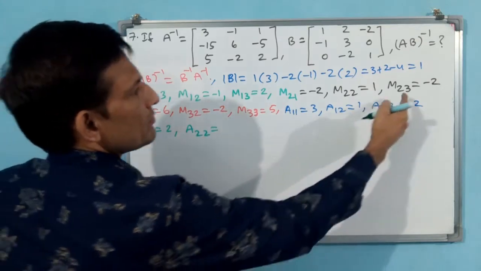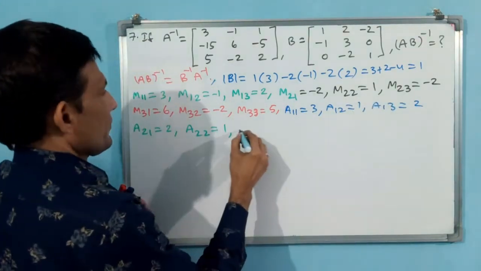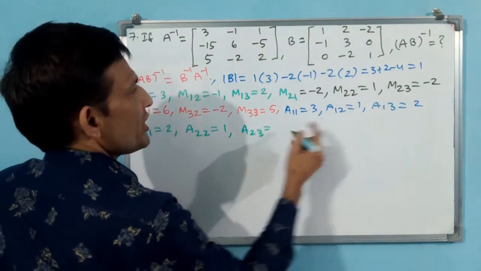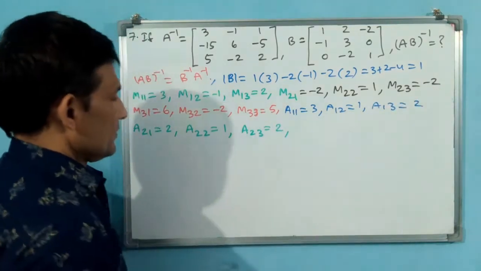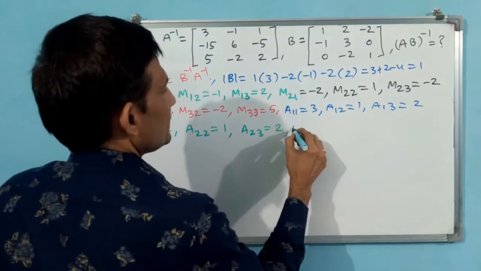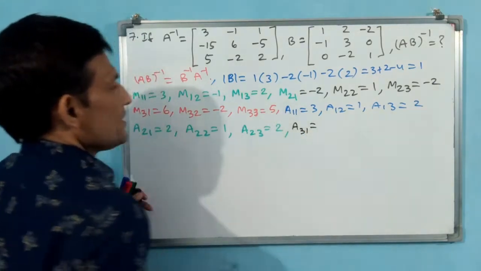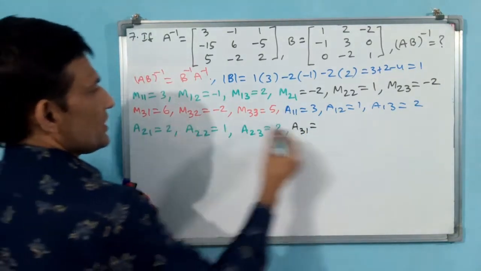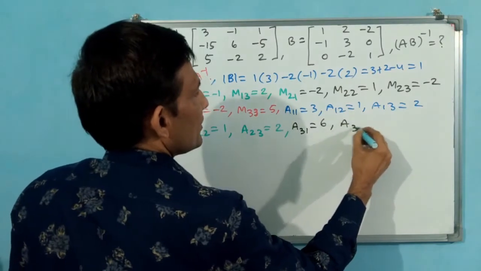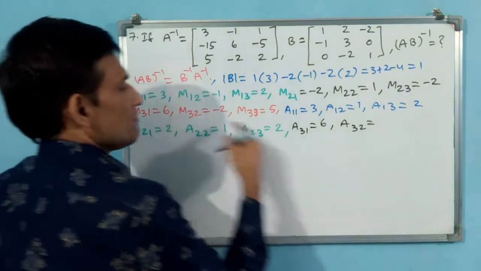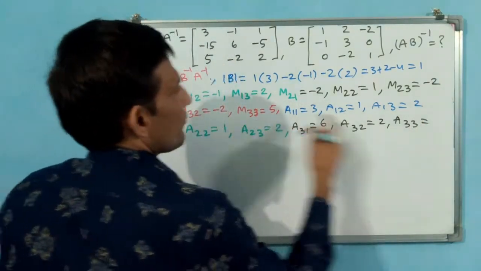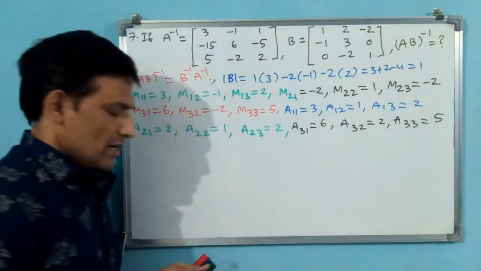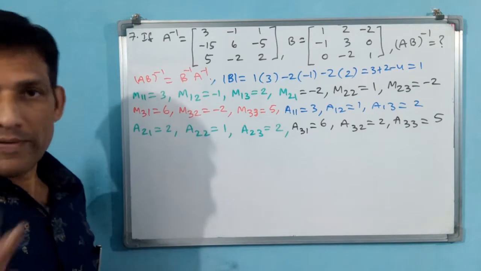A22 same, 1. A23 change, 2. A31 same, 6. A32 change, 2. A33 same, 5. Okay. Now you see you have got cofactors.